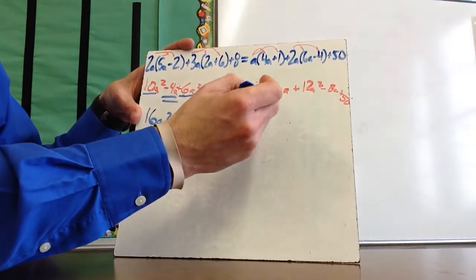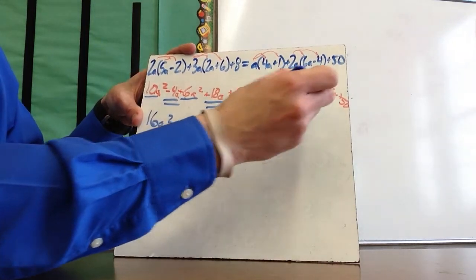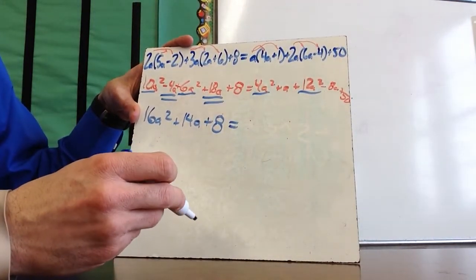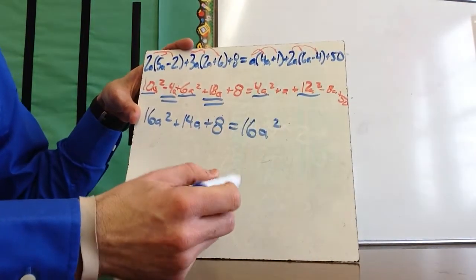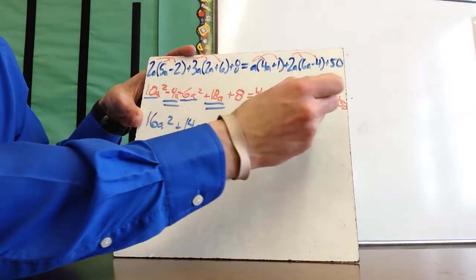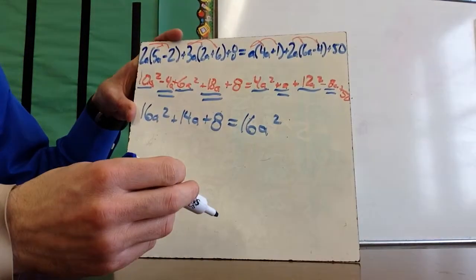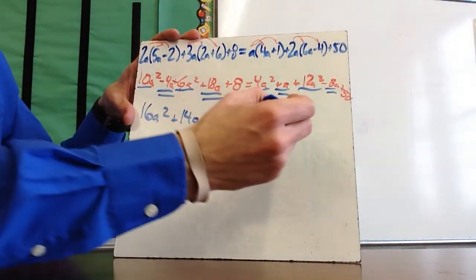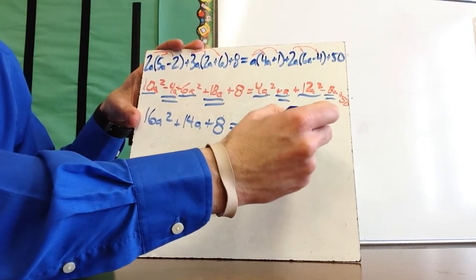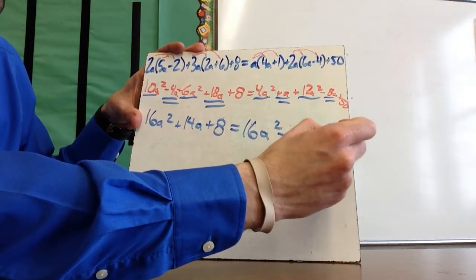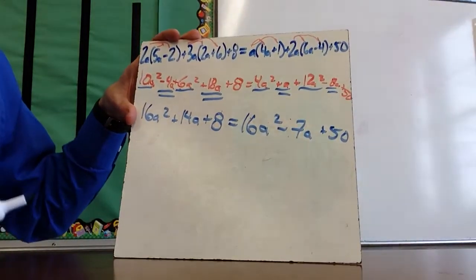Equals, over here with the a squareds, I've got 4a squared and 12a squared, that's also 16a squared. Now the a's: a minus 8a, so that's minus 7a, and then plus 50.